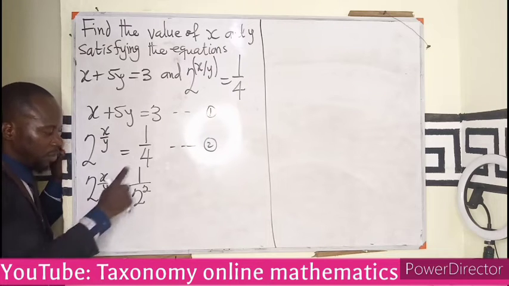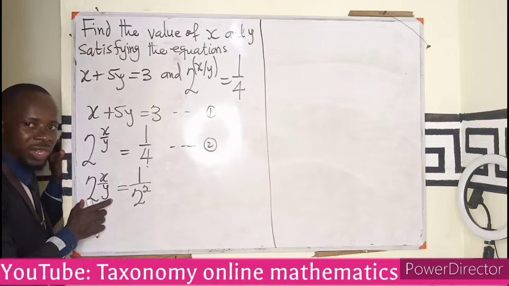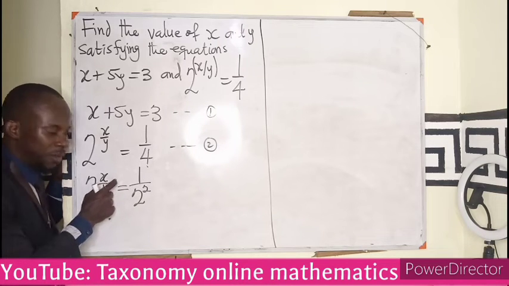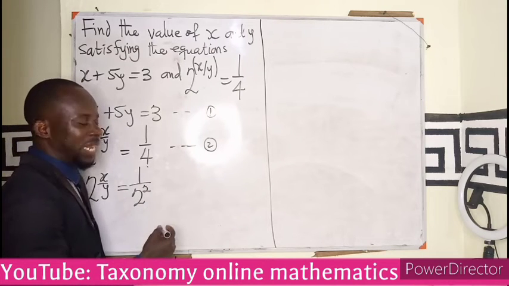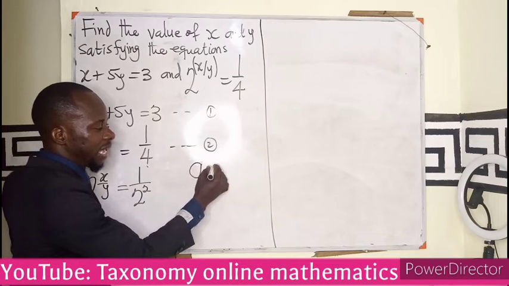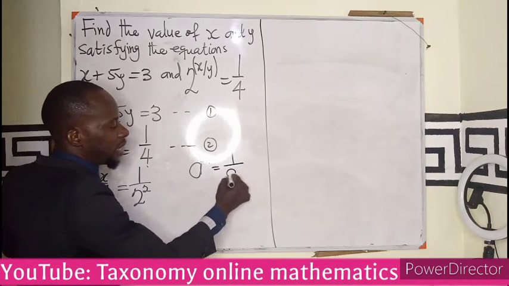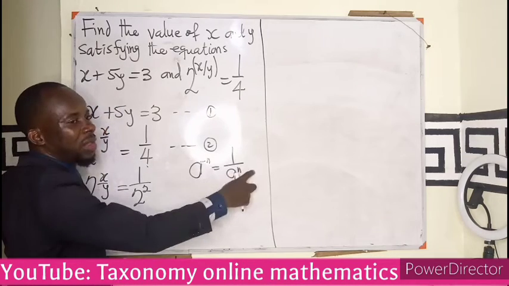I'm sure from here you know what we can do. This is a fraction, and this is not a fraction, even though the exponent is a fraction. We can change this using the property that a^(-n) = 1/a^n. This is a fraction, a reciprocal.